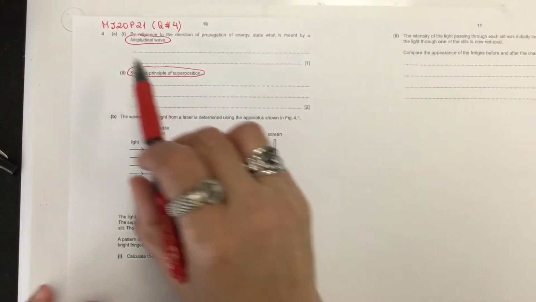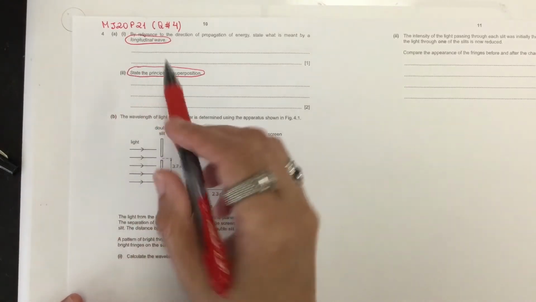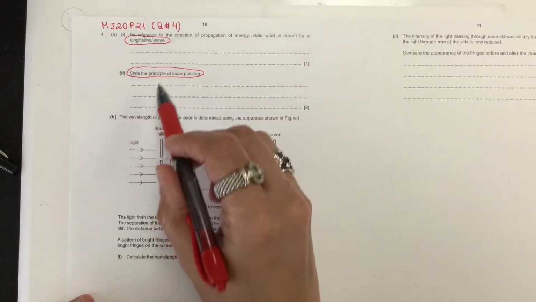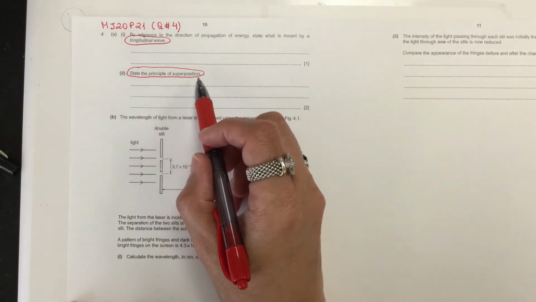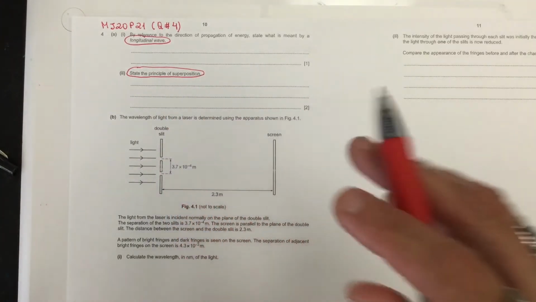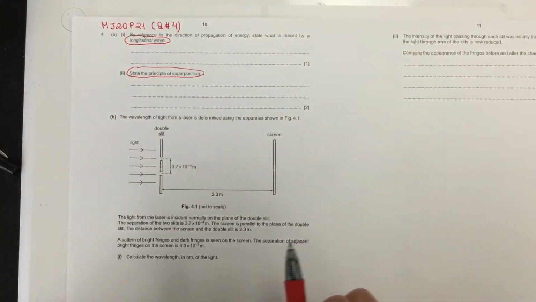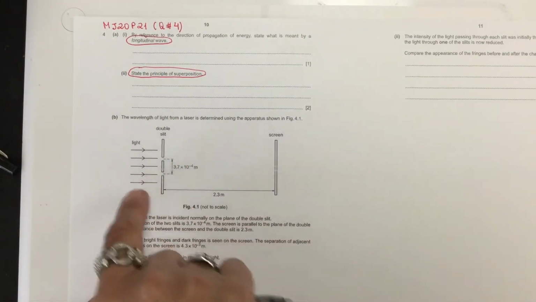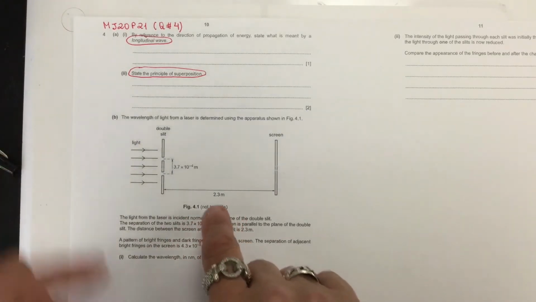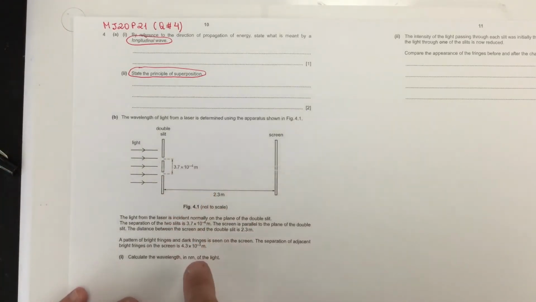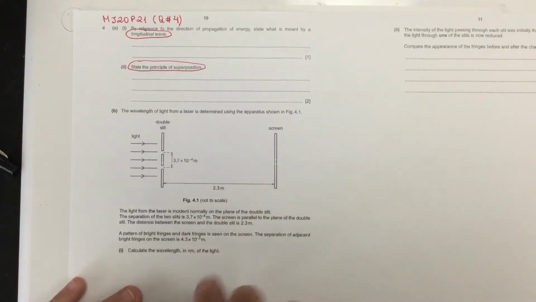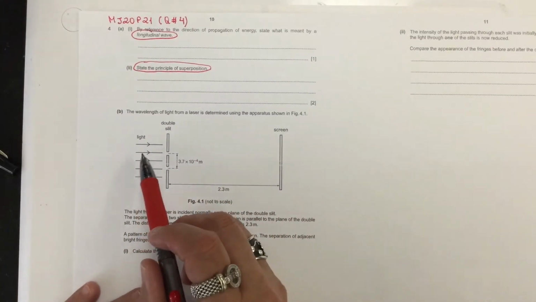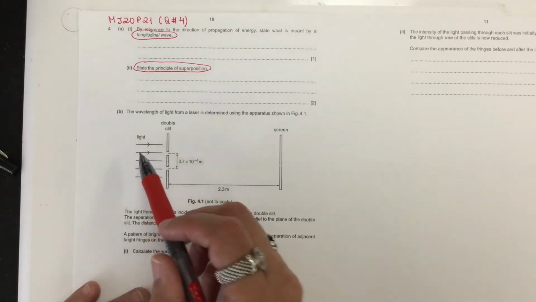Question overview. Parts a and b are asking to write what is a longitudinal wave and the principle of superposition. And the core of this page is this question right here, where a light is passing through a double slit, and it is asking to use a formula to calculate the wavelength of this light.